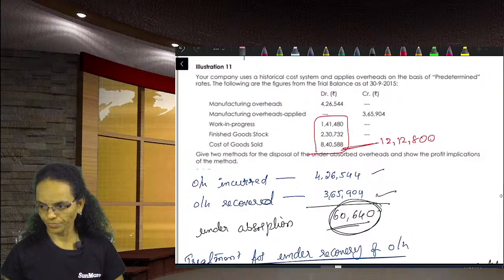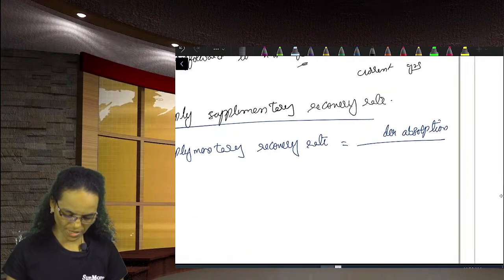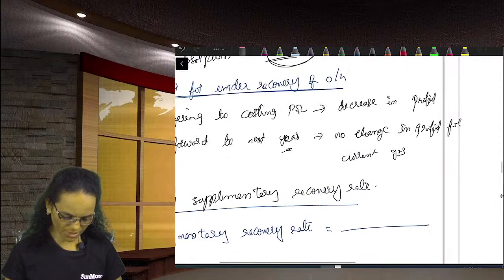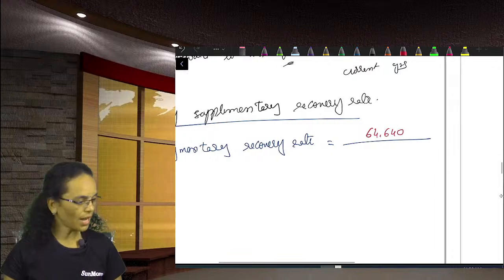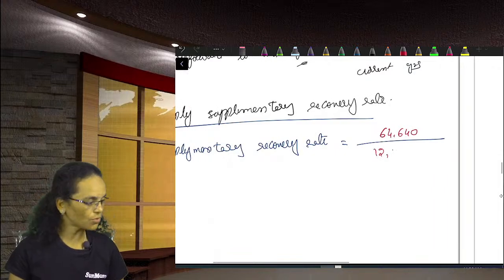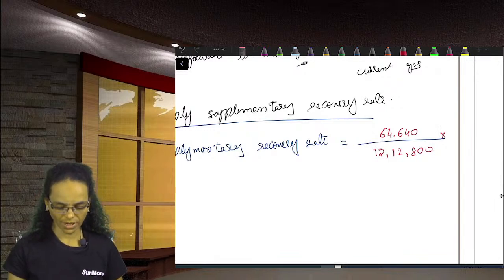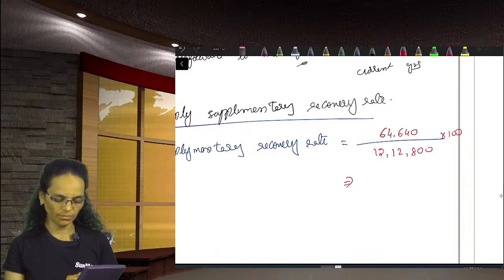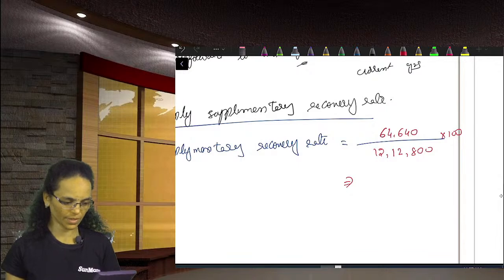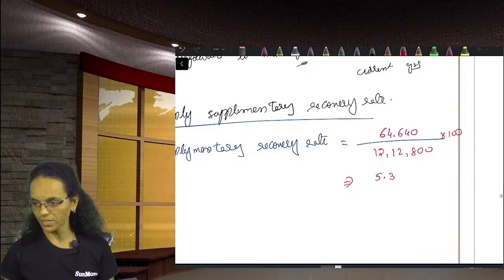So the total under absorption amount is 60,640, and our base is 12,12,800 rupees. Then we will come to know the percentage, which is 5.329, I can say 5.3.